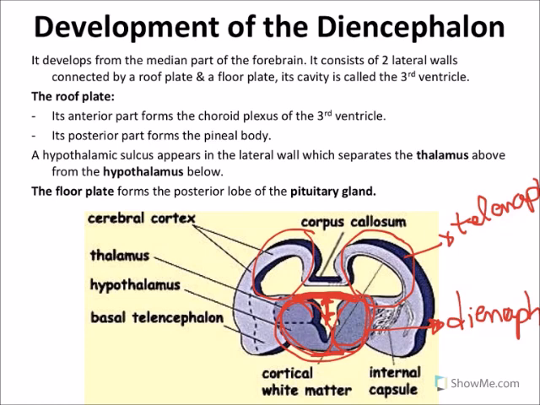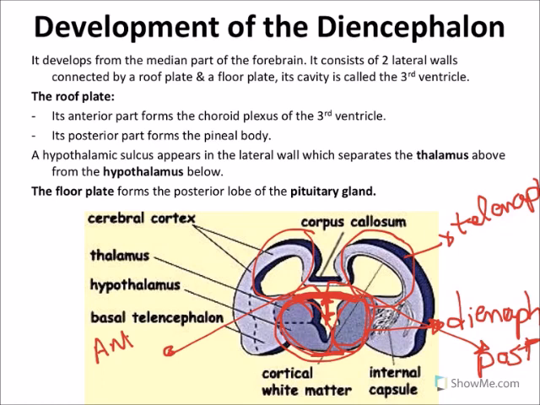The roof plate will be divided into anterior and posterior part. So this is the anterior part of the roof plate, and this is the posterior part of the roof plate, because each part will develop a different anatomical structure.